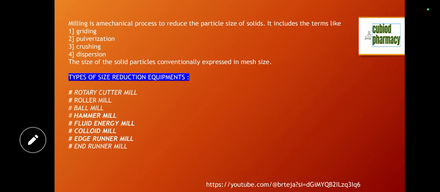It includes terms like grinding, pulverization, crushing, dispersion, etc. Milling means size reduction. Size reduction is helpful in the pharmaceutical industry for semi-solid dosage forms like tablets. The best example is tablets.